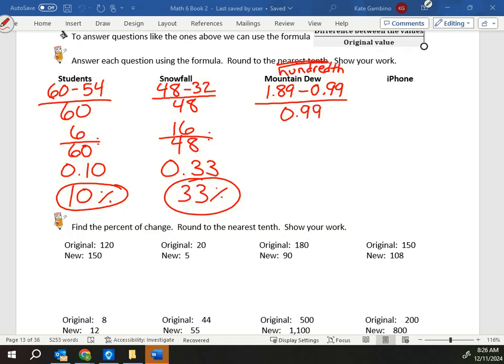So even though we had to flip it and put 1.89 to be that first number, it's not our original number. The original number was the 99 cents. Always put that original number on the bottom. So 1.89 minus 0.99 gives me 0.90 over that 0.99.